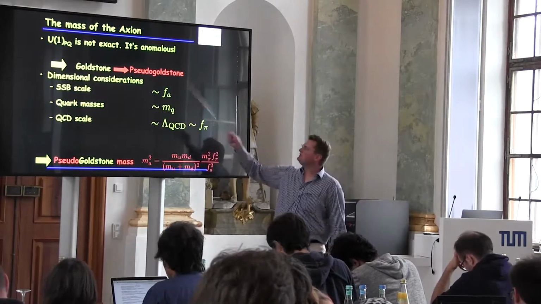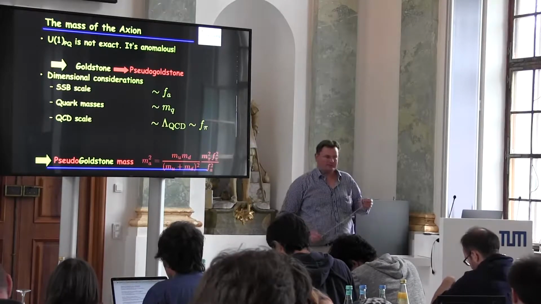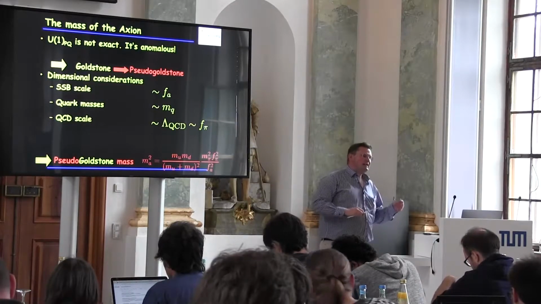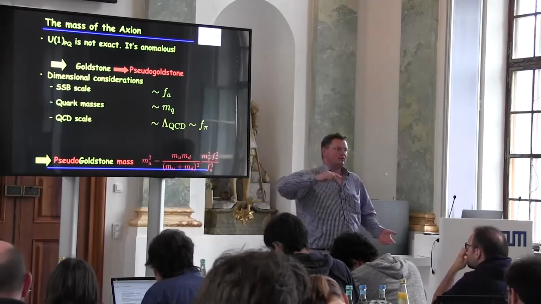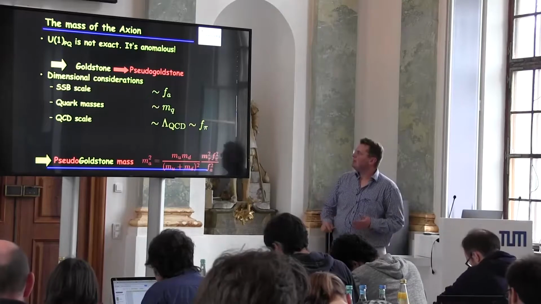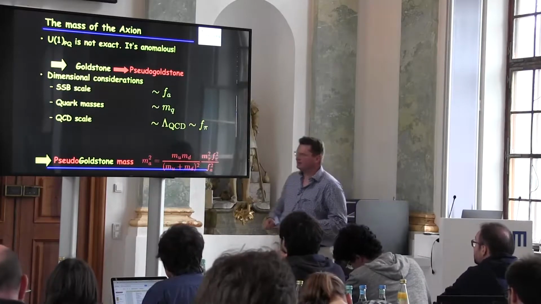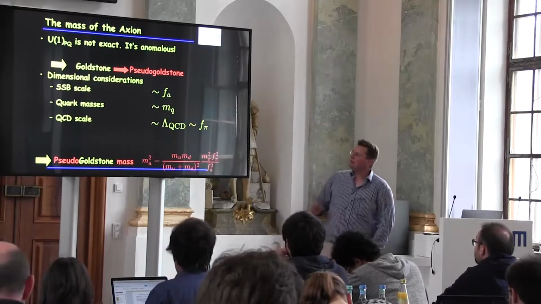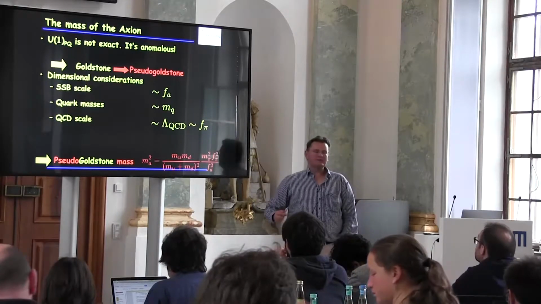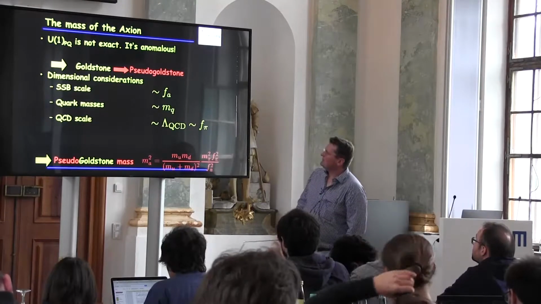That changes the Goldstone mode to a pseudo-Goldstone mode. Now, of course, it takes your initially massless particle, the Goldstone mode, and makes it a massive particle. And of course, now the phenomenologically important question is, what is actually the mass of this pseudo-Goldstone boson?